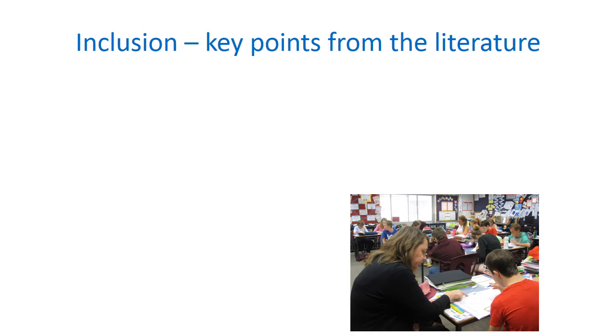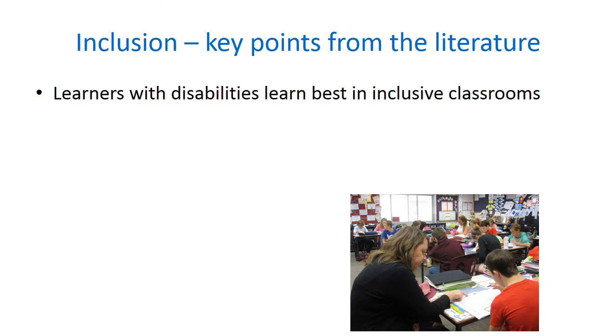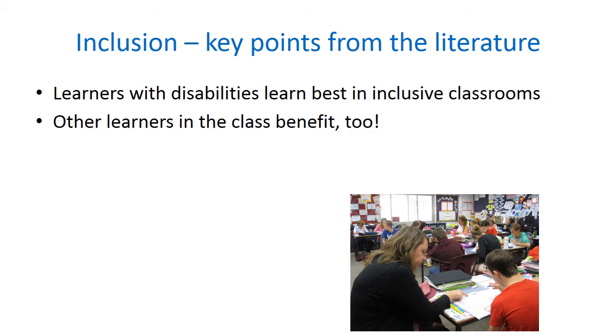There are some key points that arise in literature about studies on inclusive practice. One of the things that is very clear is that learners with disabilities learn best in inclusive classrooms. It's not to say that they don't learn in other contexts, because they learn anywhere they're taught. But what it does mean is that they learn best in inclusive classrooms. One of the key findings for me is that other learners in the class benefit too.